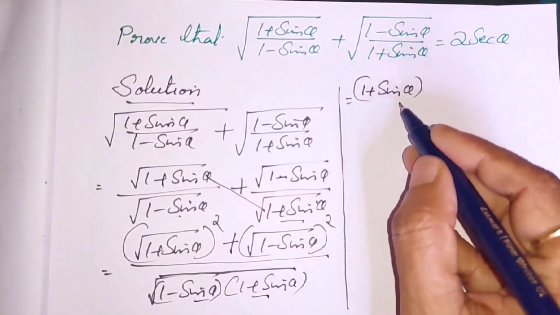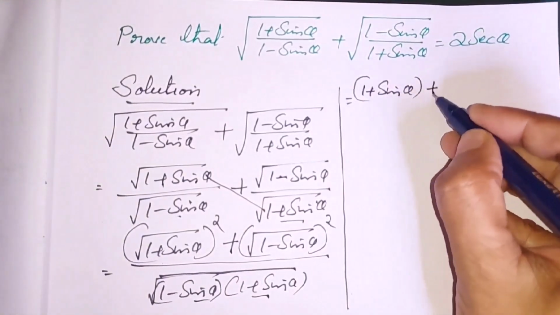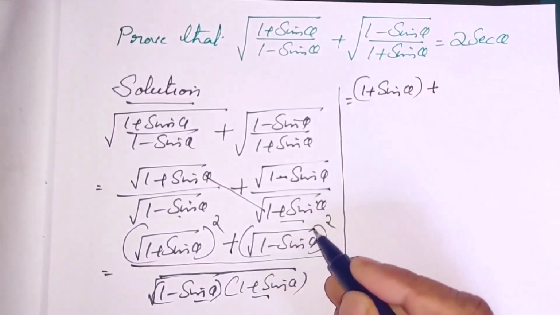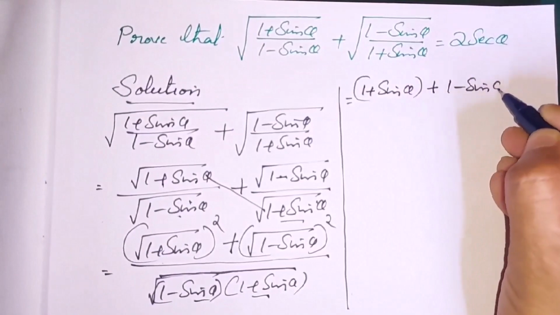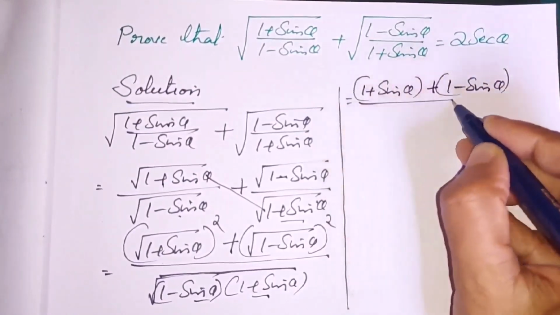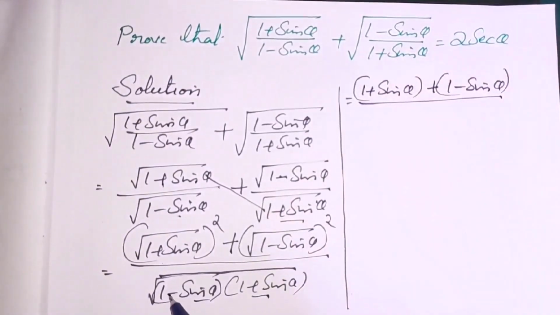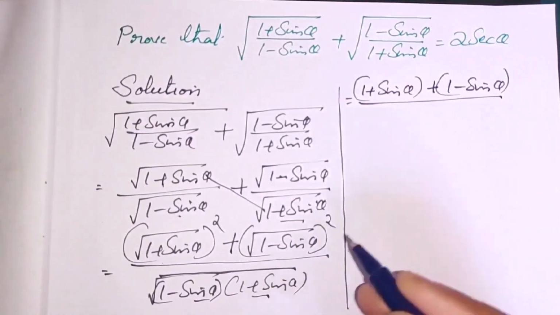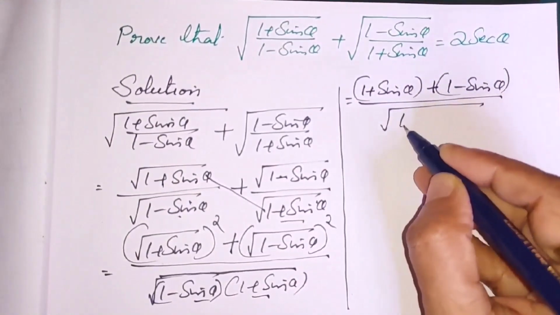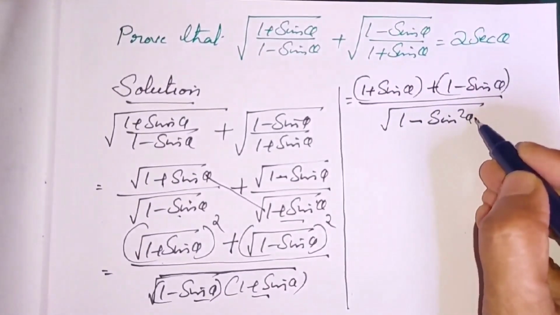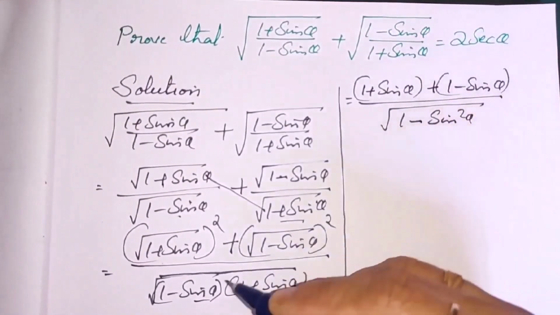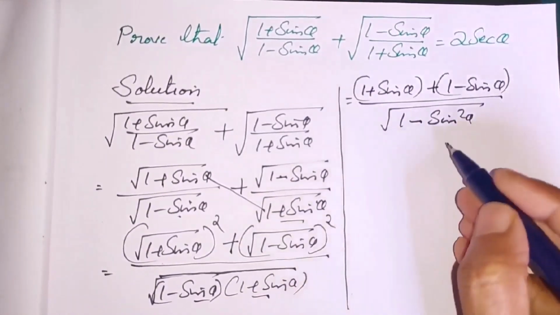So, 1 plus sin theta plus square root of 1 minus sin theta whole square is 1 minus sin theta. So that is equal to 1 minus sin theta divided by root of 1 minus sin theta into 1 plus sin theta, which is square root of 1 minus sin square theta. A minus b into a plus b is a square minus b square. So root of 1 minus sin theta into 1 plus sin theta is 1 minus sin square theta.